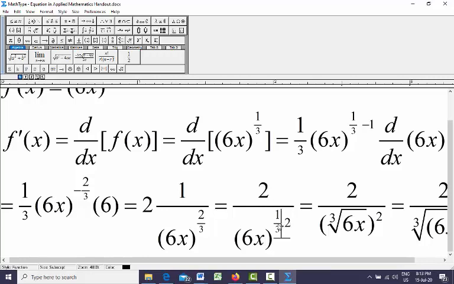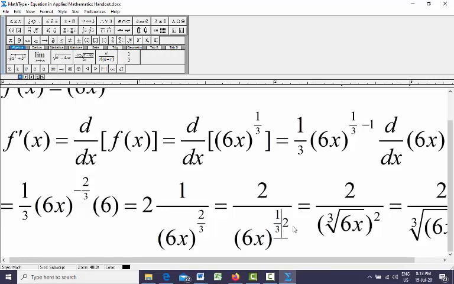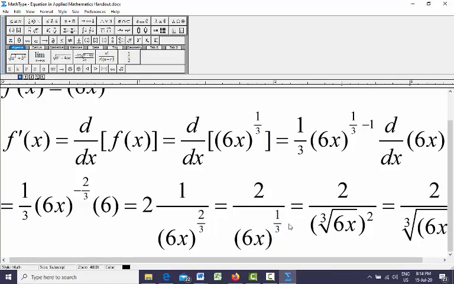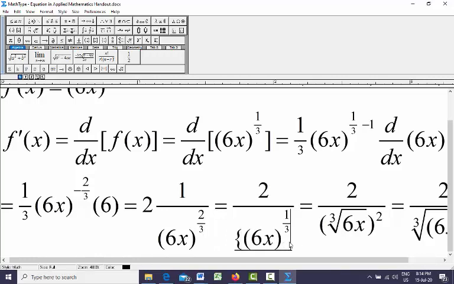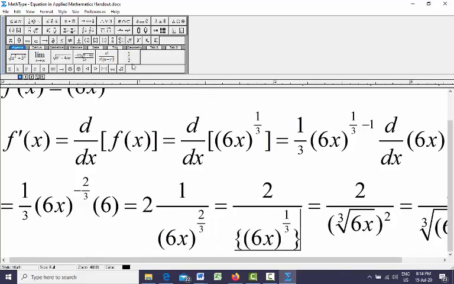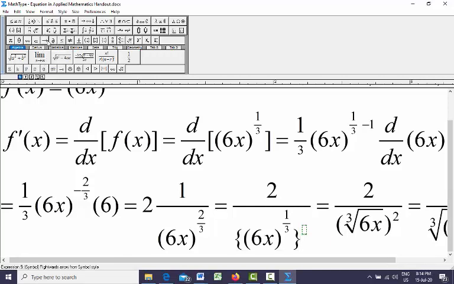So when you have a power 1/3, you can put cubic root. You can put cubic root for power 1/3. Okay, so that means you can write it this way.